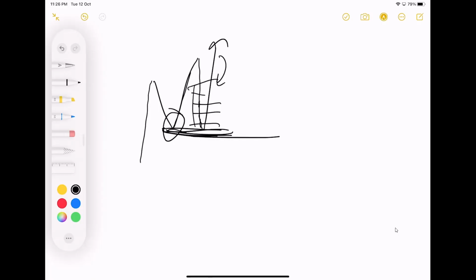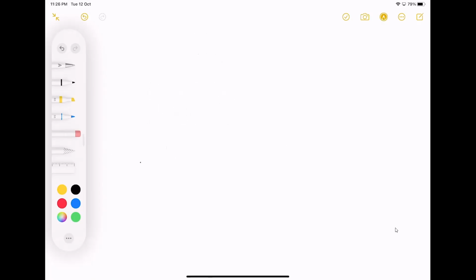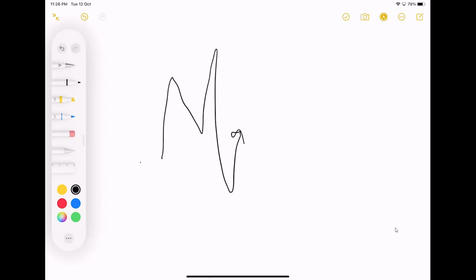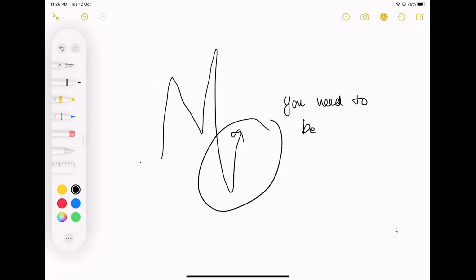So avoid this. You need to have patience for your third swing, this one here. That is your third swing. You need to be patient for this third swing.